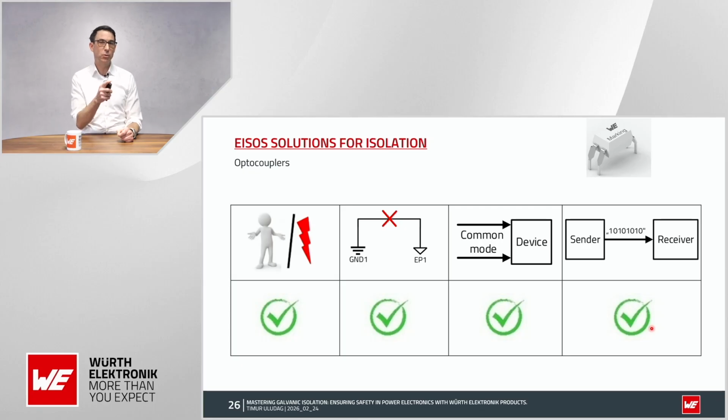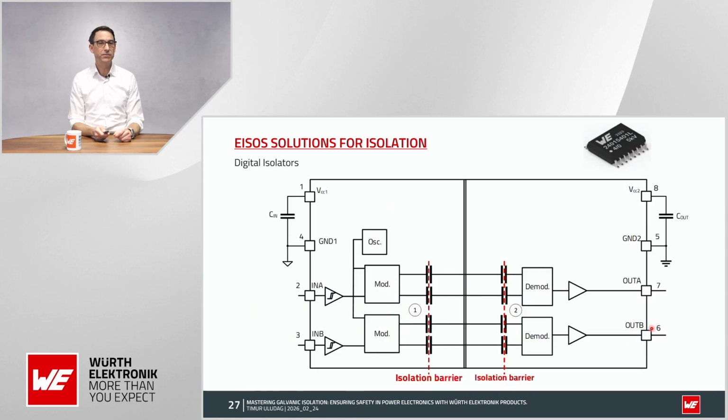I will show you this special slide with all the products so that you understand what is possible to do with them. Next, we have the digital isolator. The digital isolator transmits signals across a capacitive isolation barrier, here and here, by using a modulator that transmits a high frequency signal over the isolation barrier.